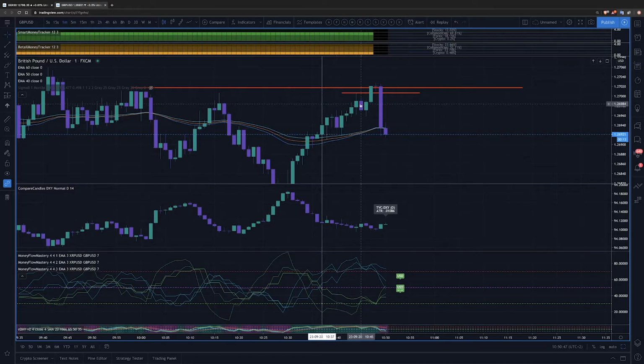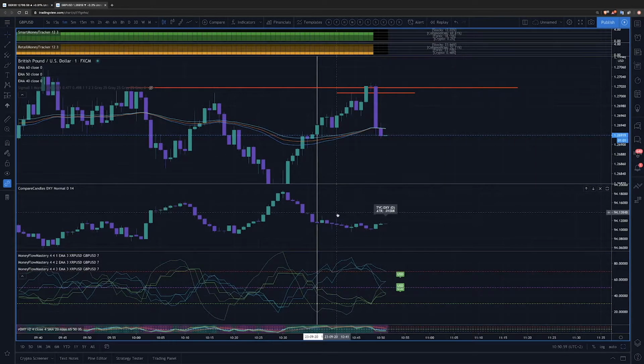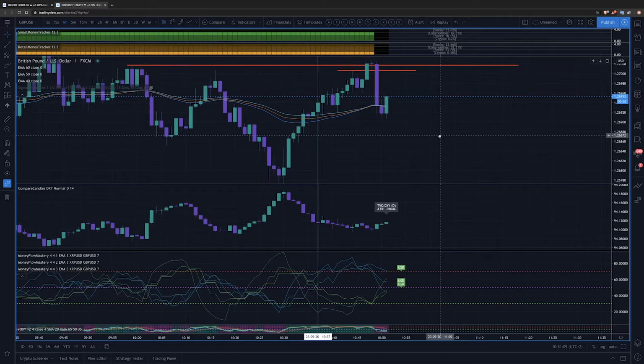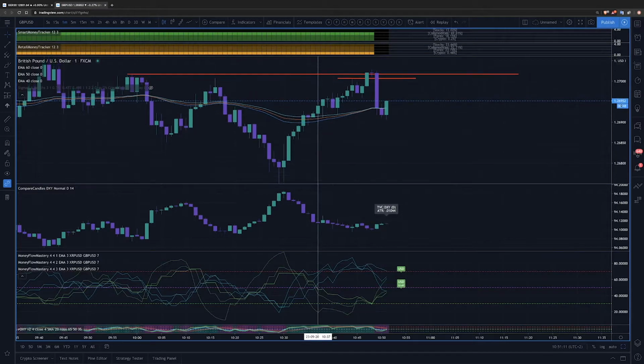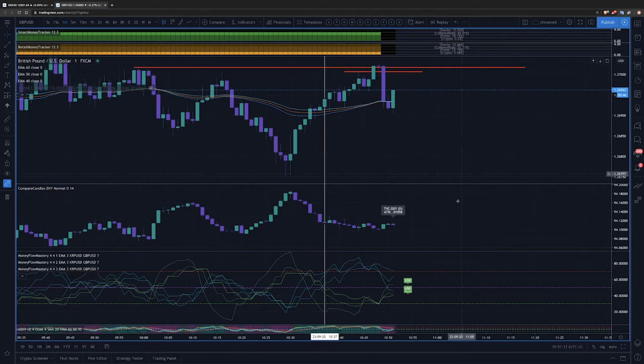So we've got a high in price, and then a higher high in price, but we've got a lower low on the money flow, and then we've got the same here for the dollar, finding support here, and the selling pressure just wasn't enough to break that level. Yeah, so cool. Watch for the reactions here.